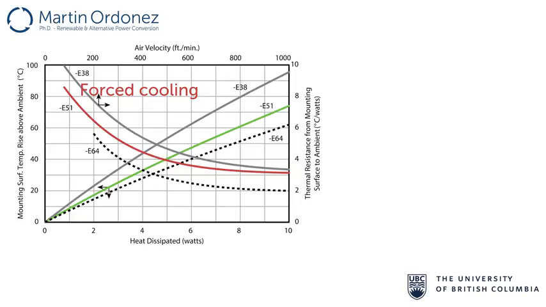Now, for the last case, let's consider a forced cooling system for the heatsink. Let's take a look at the heatsink's thermal curves. In this case, we have to look at the top and right axis of the graph. You can see that we need the air velocity of the fan. You can calculate this parameter with the data sheet of the fan. By considering 400 feet per minute as average air velocity of the fan, the thermal resistance can be determined.